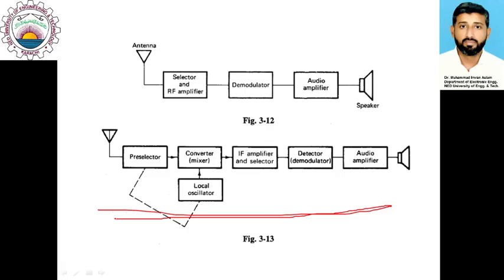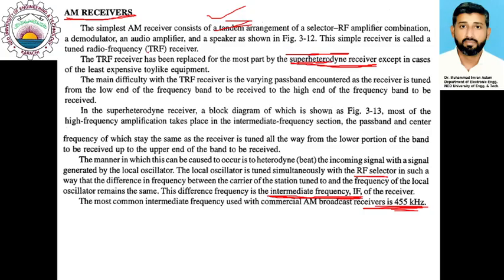The RF signal is first converted to the IF signal, the intermediate frequency stage, and then the intermediate frequency signal is converted to the audio signal and delivered to the destination. This is the overall implementation of the AM receiver used for reception of AM signals.